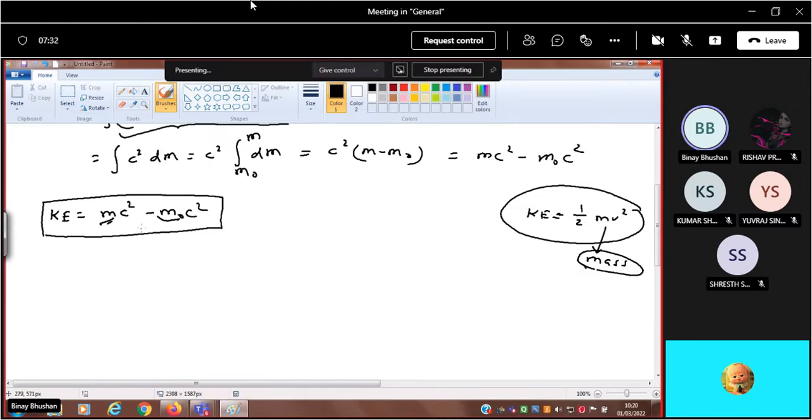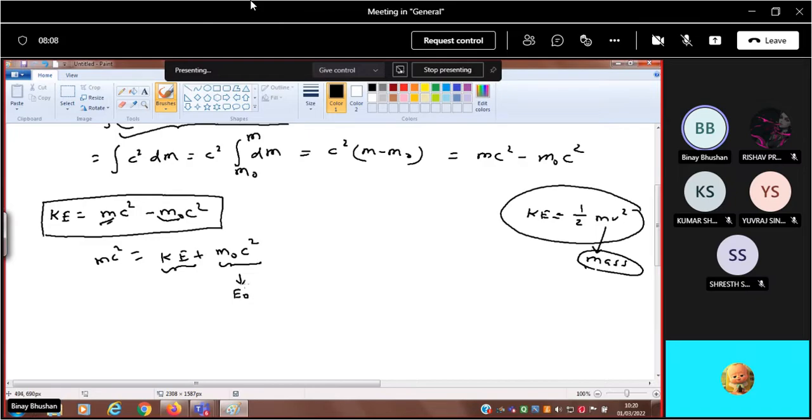Then we arrange this term as mc square equal to kinetic energy plus m naught c square. Since m naught is the rest mass, we call m naught c square the rest energy E naught. When the particle is at rest, it will have only rest energy.